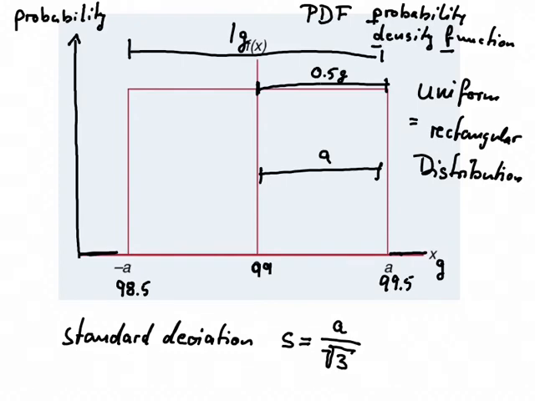And this square root of 3 is just a constant, and you can, of course, derive that mathematically. That is not a huge problem.